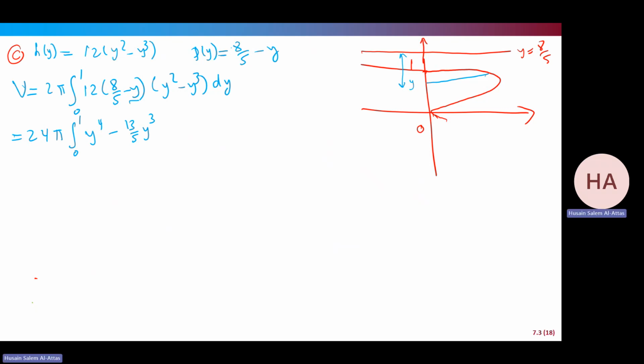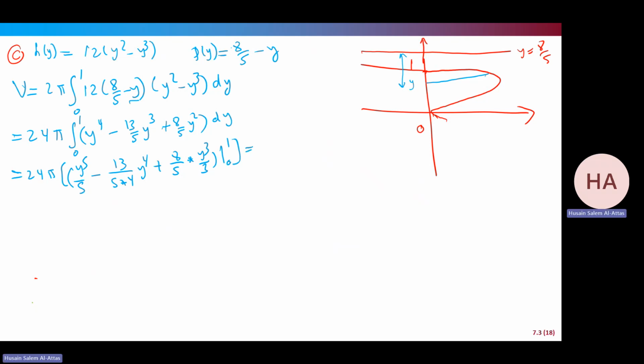Okay. And then plus 8 over 5 y squared dy. I think this way would be easier. That's 24π times y to the power 5 over 5 minus 13 over 5 times y to the power 4 over 4, plus 8 over 5 times y cubed over 3, from 0 to 1.